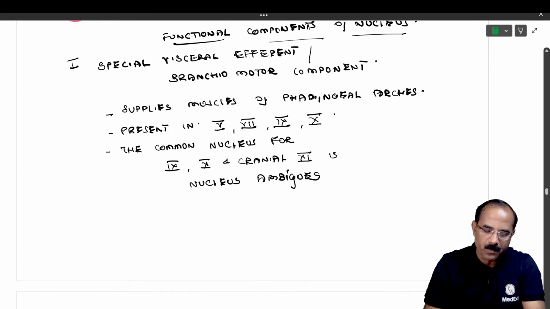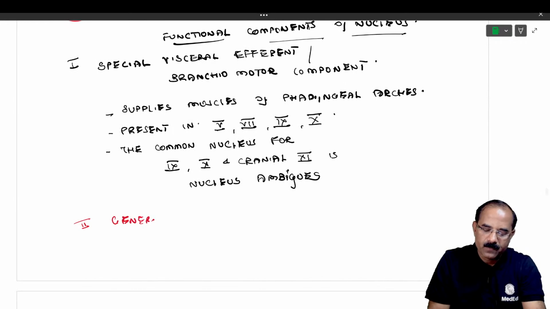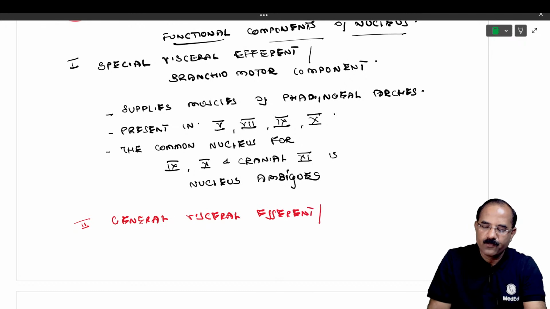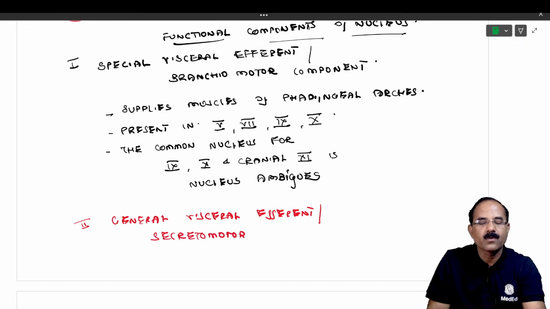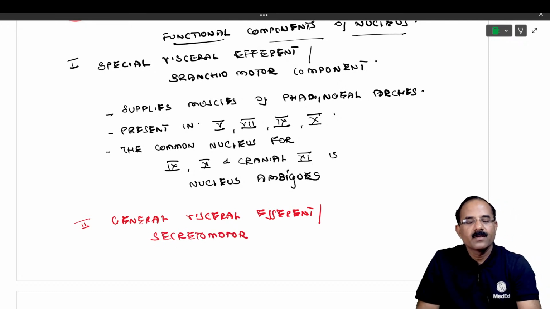The name of this component is general visceral efferent. General visceral efferent is also known as the secretomotor component.